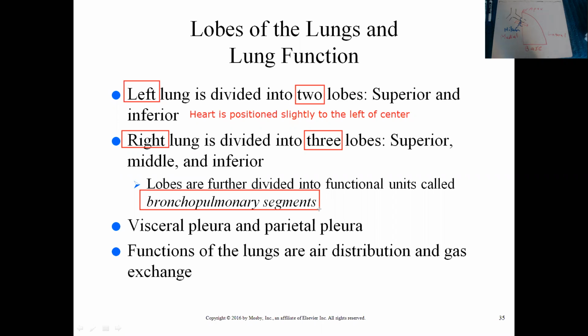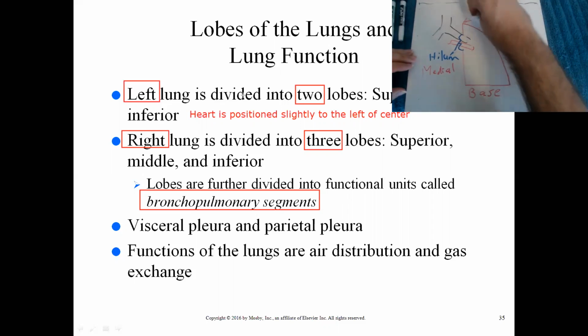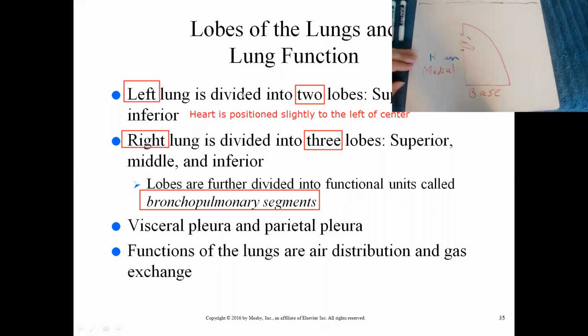And aside from that, the other major anatomy for the lungs is the pleura. So I'm going to use my lung picture again. I'll erase the stuff from it so I can look at the pleura with all this stuff on here. The pleura, you might have talked about in AP1.